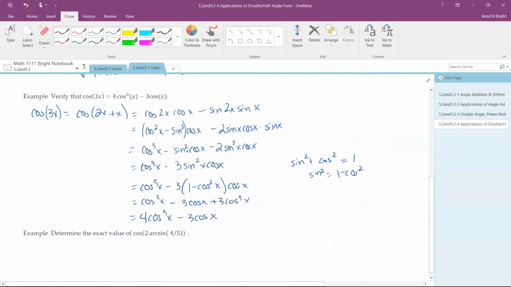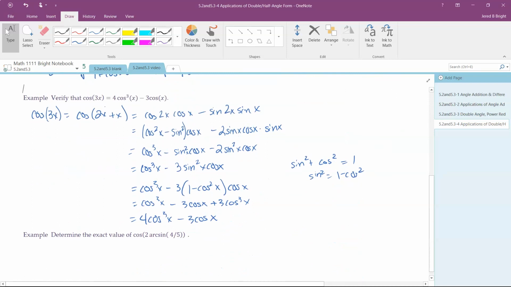For the second one, a lot of patience with this one. First thing you have to do is recognize that 3x is the same as 2x plus x, and then use cosine angle addition. So we're combining multiple skills, and then from there I took the 2x and did the double angle for cosine and the double angle for sine.